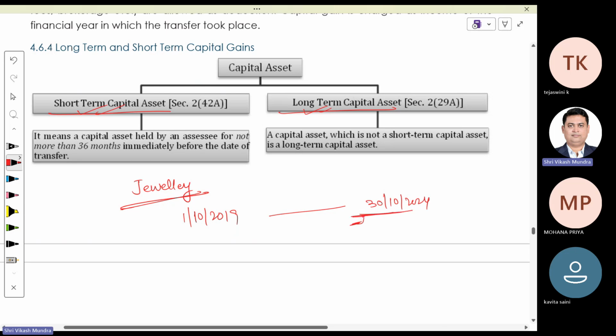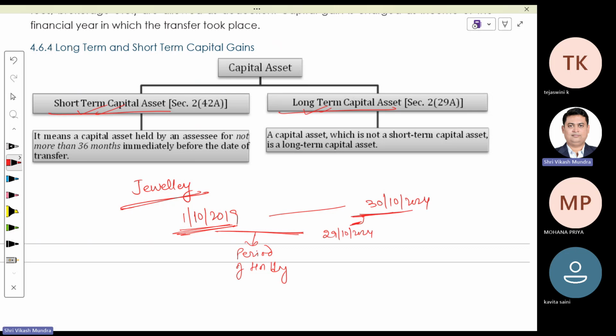Just before this date was 29th October 2024. From 1st October 2019 to 29th October 2024, this is known as the period of holding. That means the asset held by you before transferring or selling it, this period is known as the period of holding. That means how many days you held this asset.